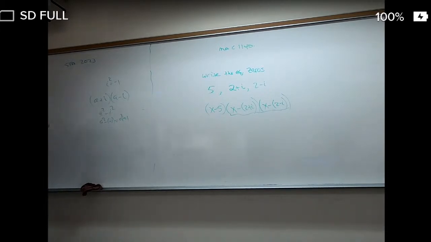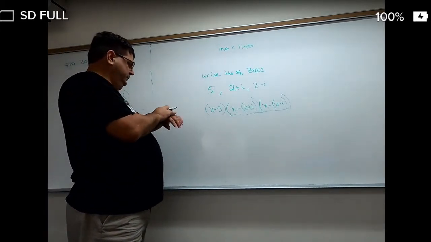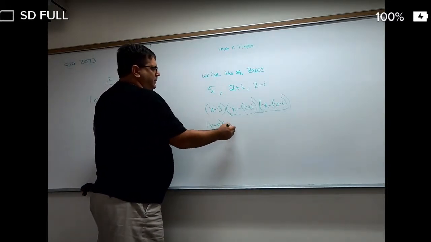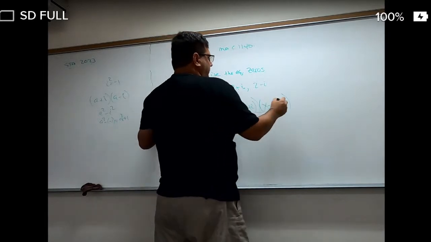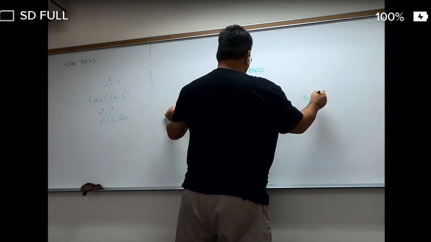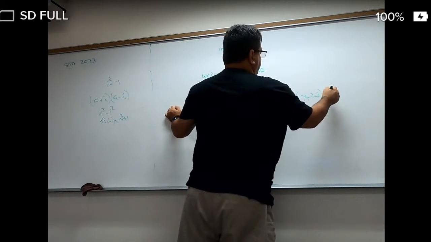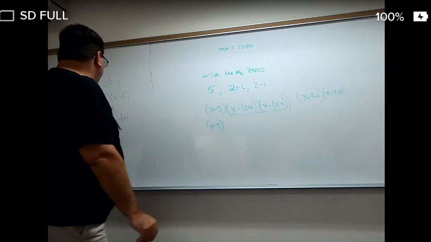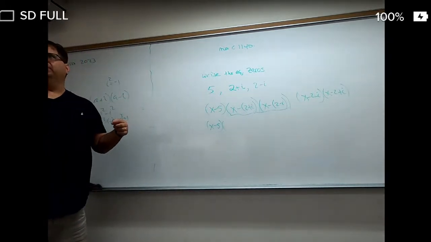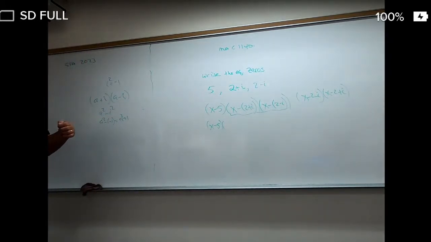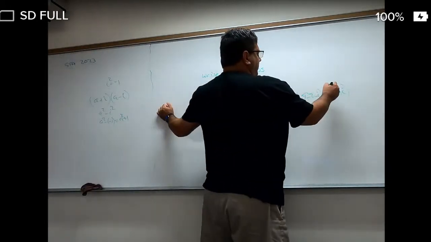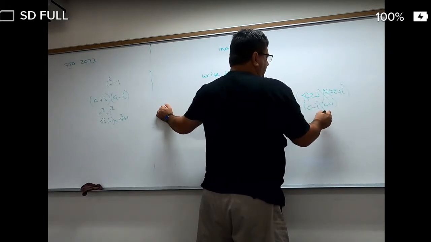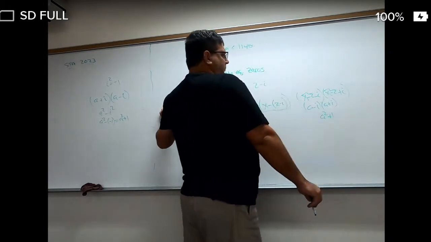Yeah. So the key here is to recognize that this is x minus 2 minus i times x minus 2 plus i, and that in this equation, x minus 2 becomes the A. We just take this and say this is A minus i and A plus i, which takes us to A squared plus 1.